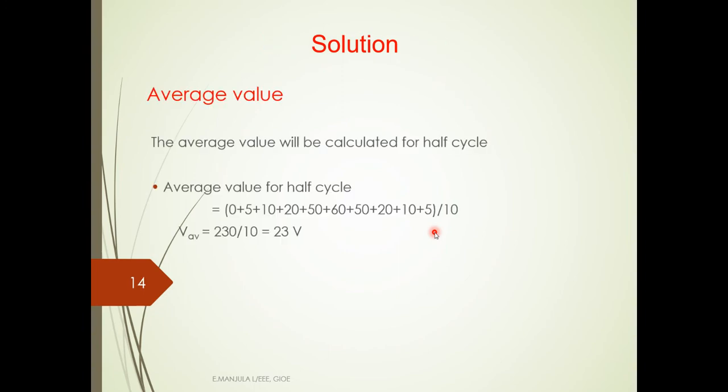The solution is here. The average value will be calculated for the half cycle. We should not consider the negative values because it is only the half cycle, so we consider only the positive values: 0, 5, 10, 20, 50, 60, 50, 20, 10 and 5.